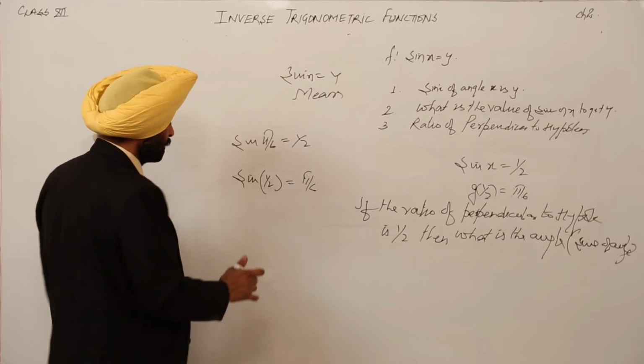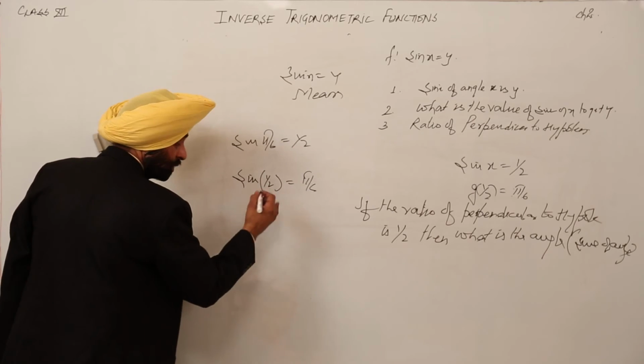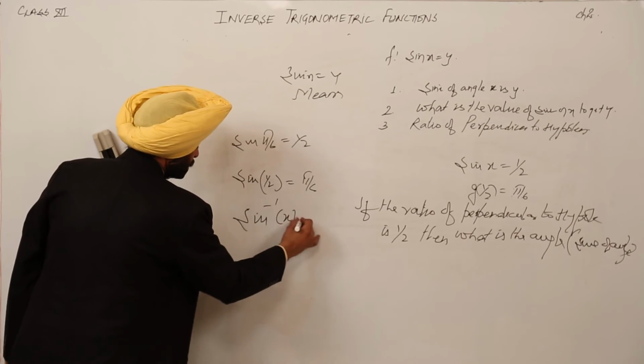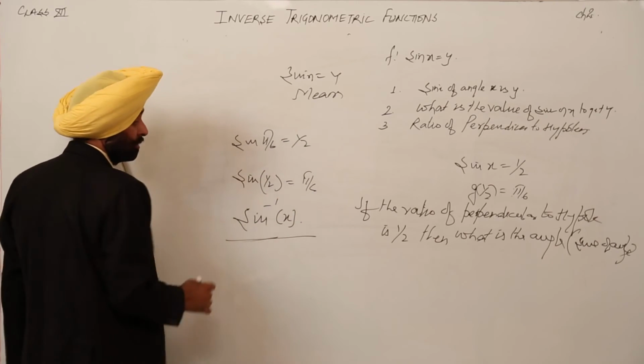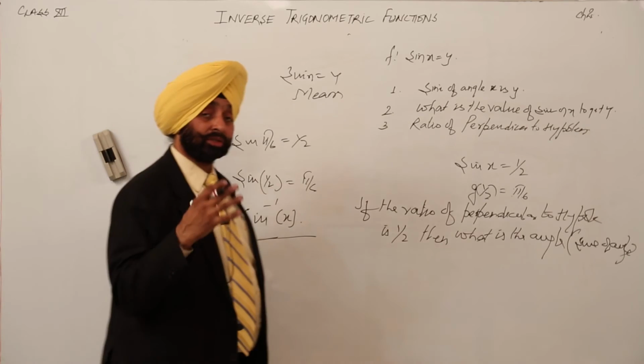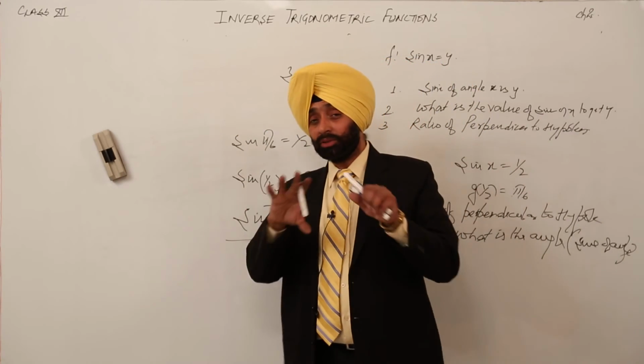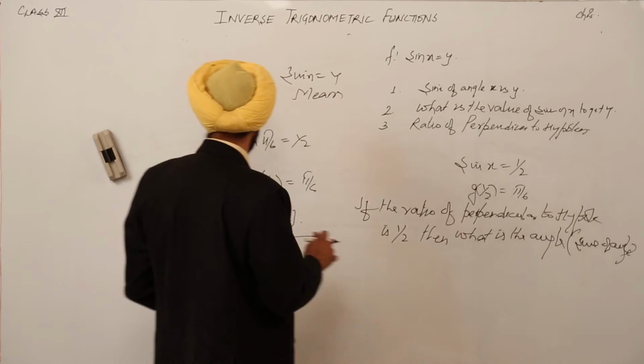Now we are finding the inverse, and the result we write is y equal to sin inverse x. This is the thing we are going to write. So this was a very nice explanation for this part.